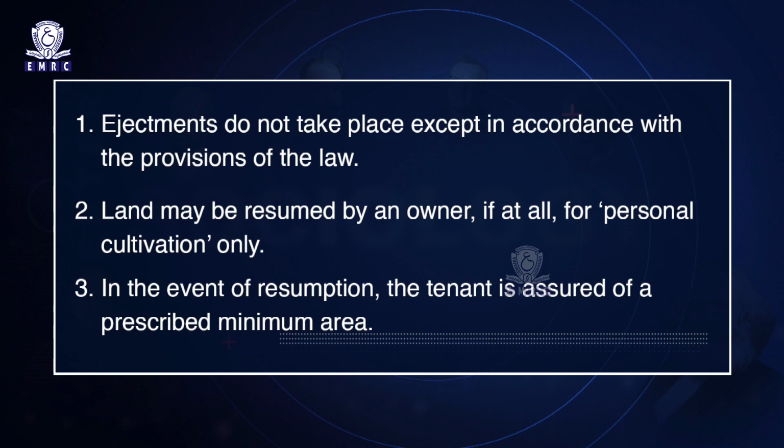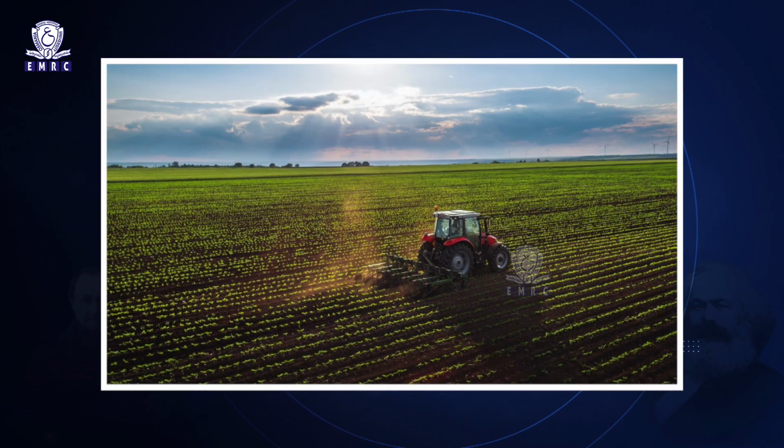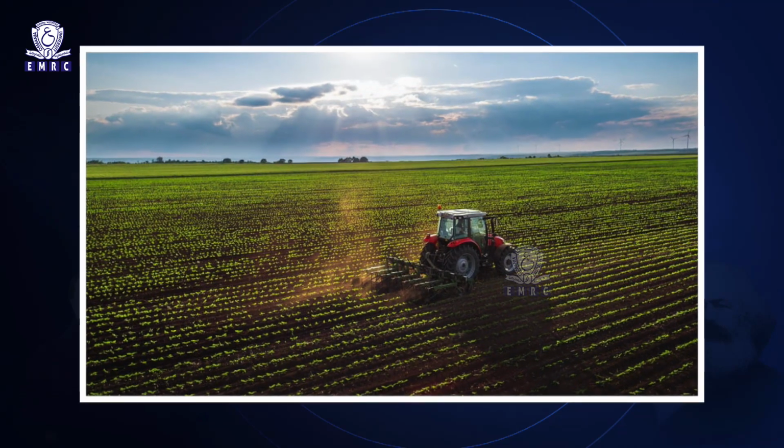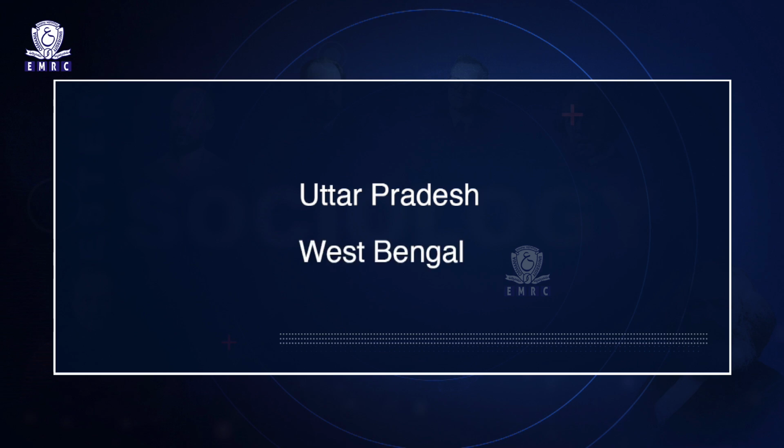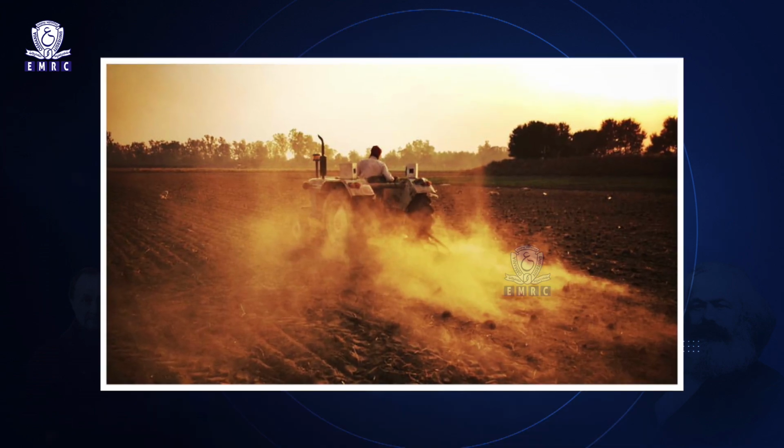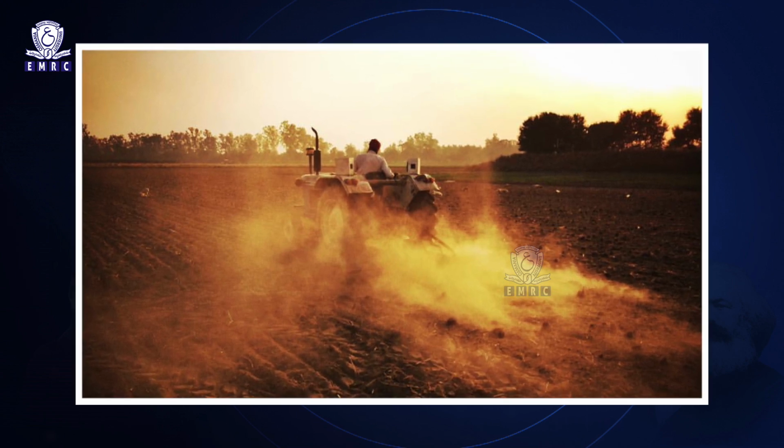prescribed minimum area. In all tenancy laws of the country, persons cultivating the lands of others on payment of rent, either in cash or kind or both, are treated as tenants. However, in some states like Uttar Pradesh and West Bengal, those who pay rent by division of produce are not regarded as tenants. In some states, landowners were permitted to resume land right up to the ceiling limit, while in others the permissible limit was below the ceiling limit.